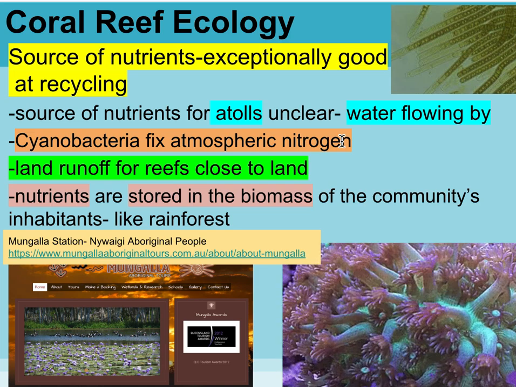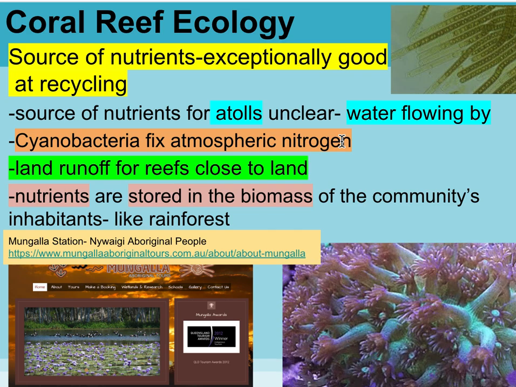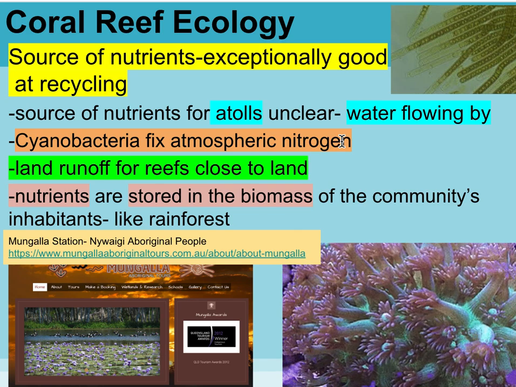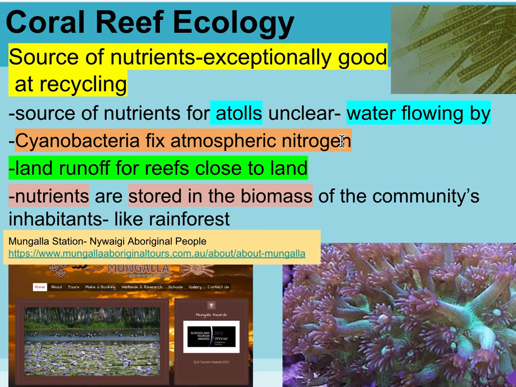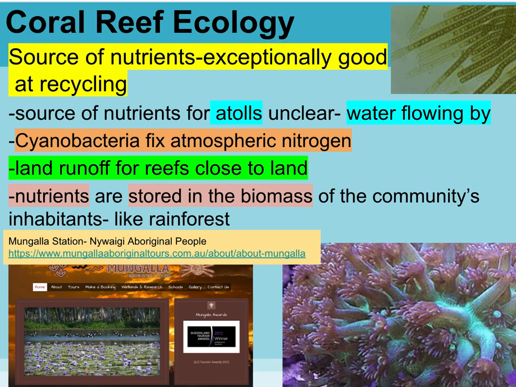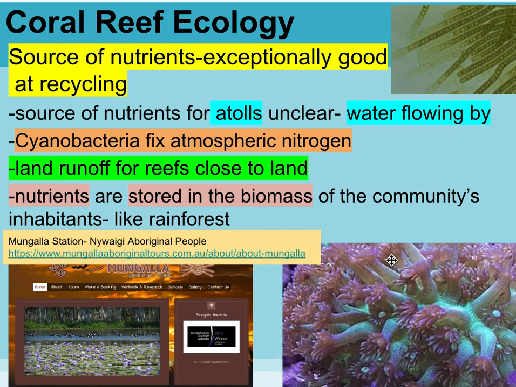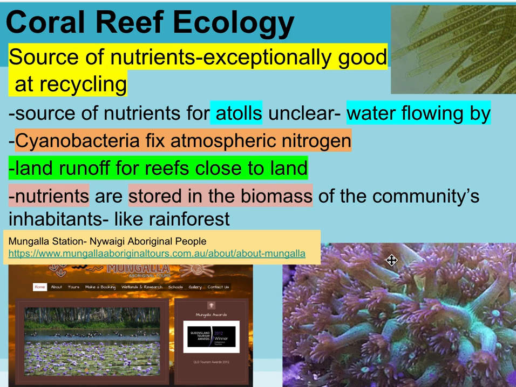A lot of reefs depend on a little bit of runoff from the land, of nutrients coming off the land to feed them, but you don't want too much. And then a lot of the nutrients are just stored in the biomass, so that if you totally pulled all the reef out, there would be no new nutrients for it to regrow.